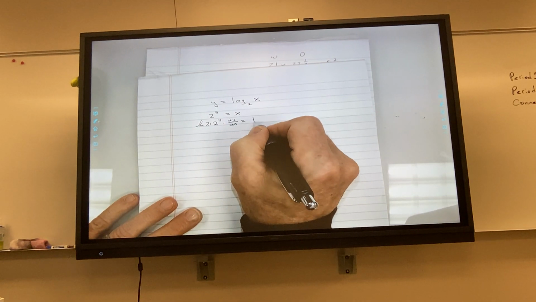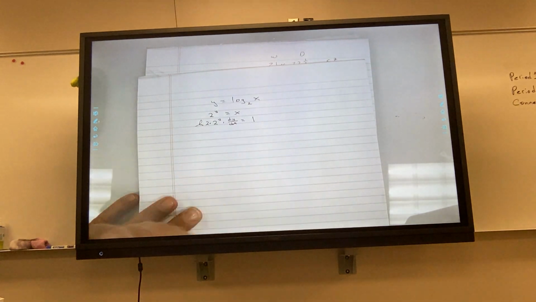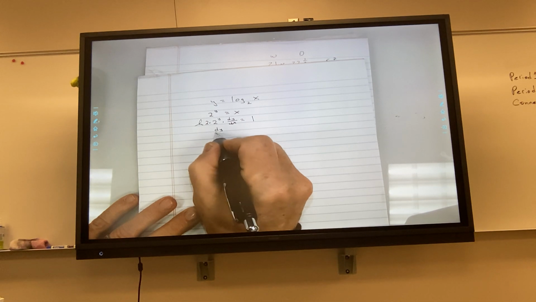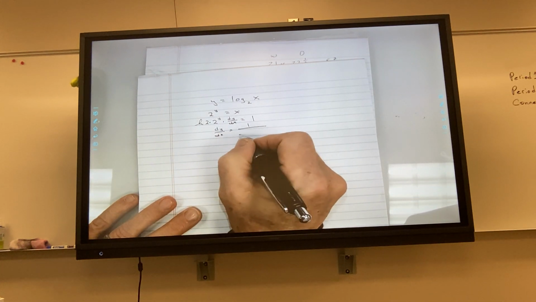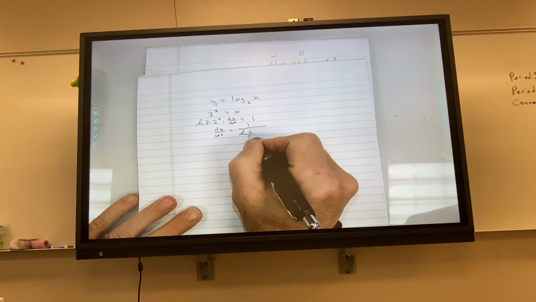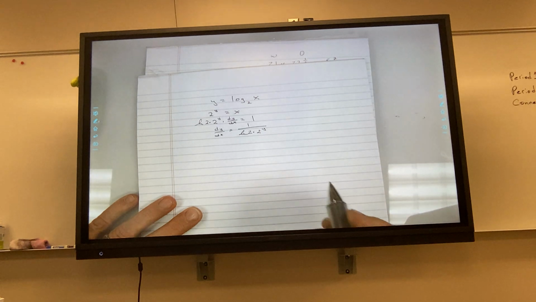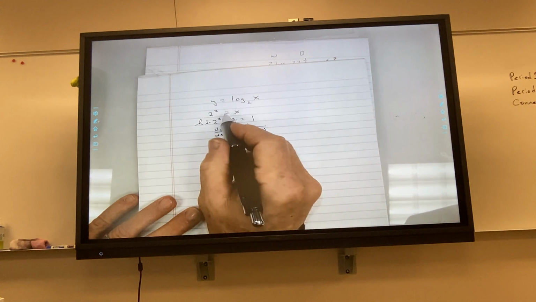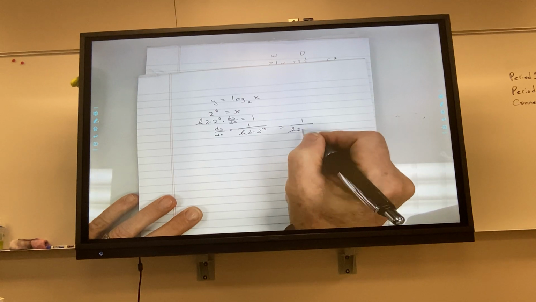And over here I get 1, because the derivative of x is 1. I see it now. Okay, and so when you get this by itself, you have 1 over the natural log of 2 times 2 to the y, but 2 to the y is x, so the natural log of 2 times x.